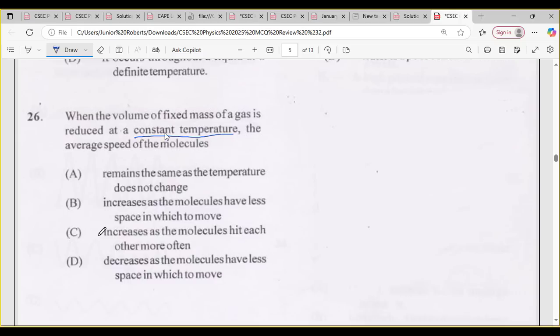All right? So if the temperature is constant, then the average kinetic energy is not changing. And if the average kinetic energy is not changing, then the average speed will not change. So it says that average speed remains the same as the temperature does not change. So we're going to go with A for this one. So 26 is A.